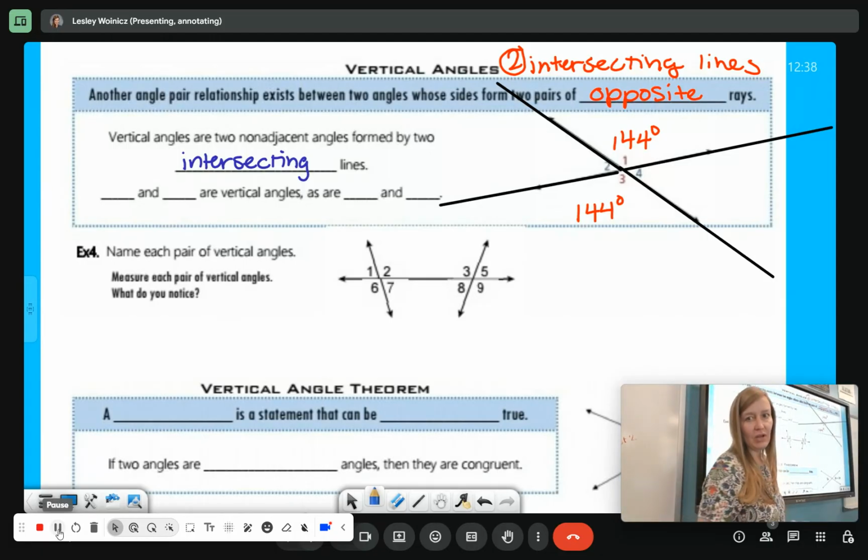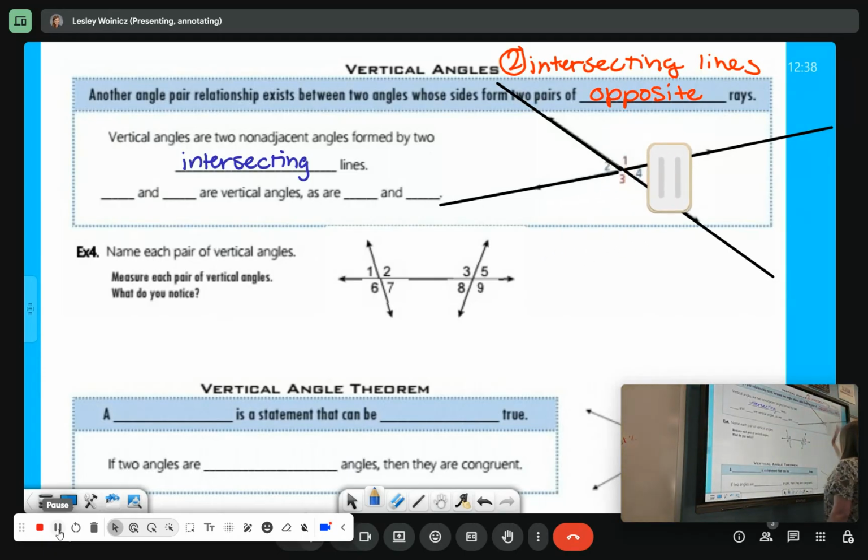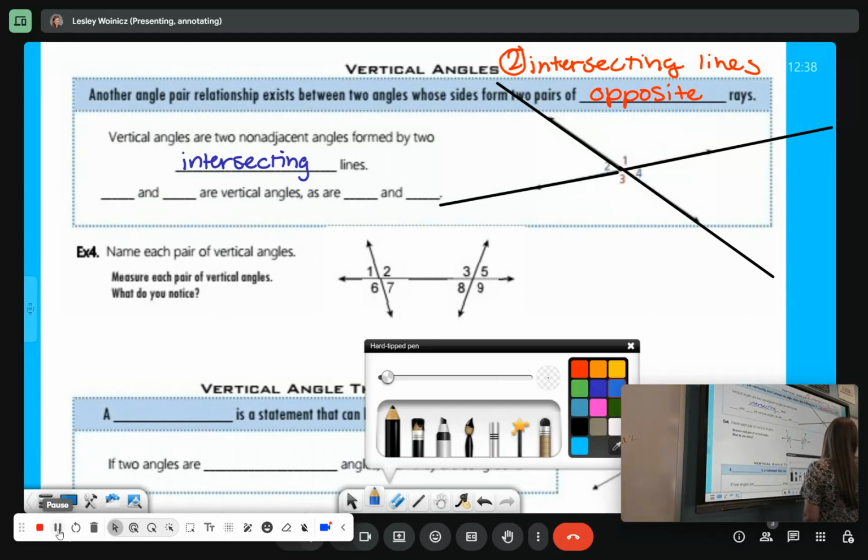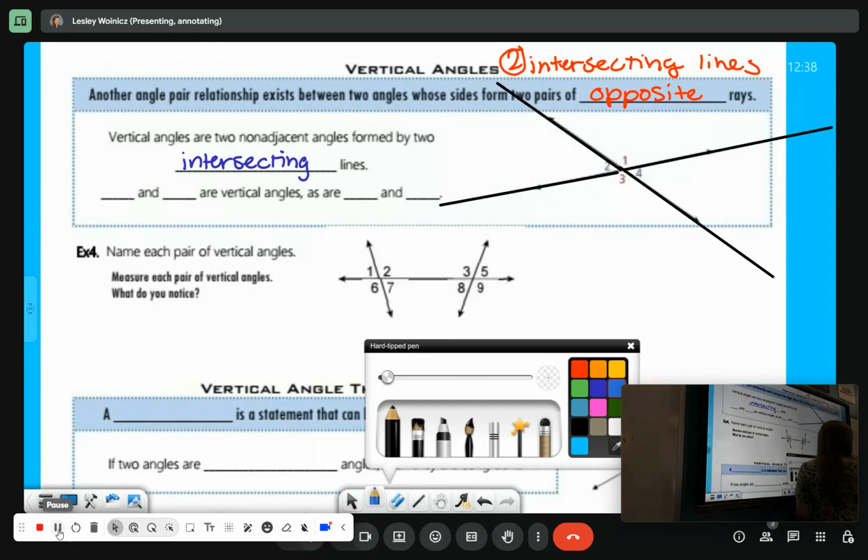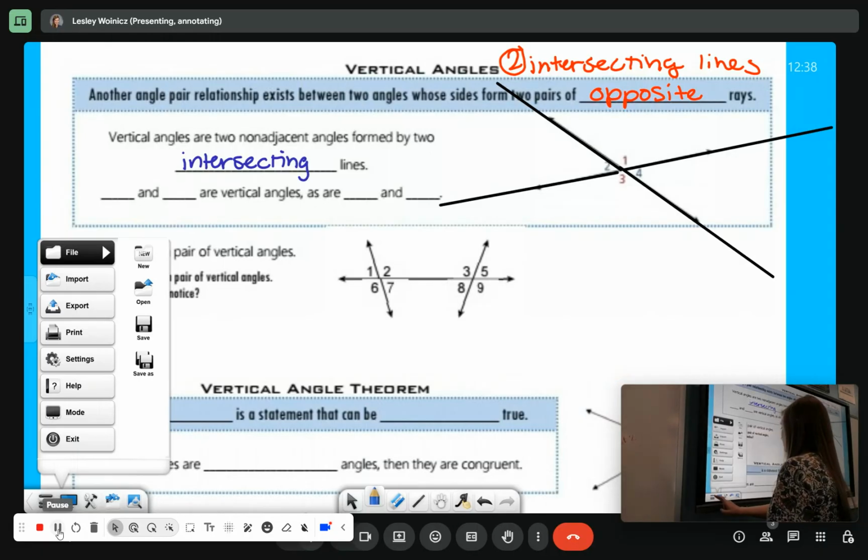Okay, so it's not 144. How did you guys get 144? All right, did you guys figure out what 2 and 4 were? No. This one is 44. Really? I don't think so. Am I gonna have to get my protractor? It's 145, or wait, 135.